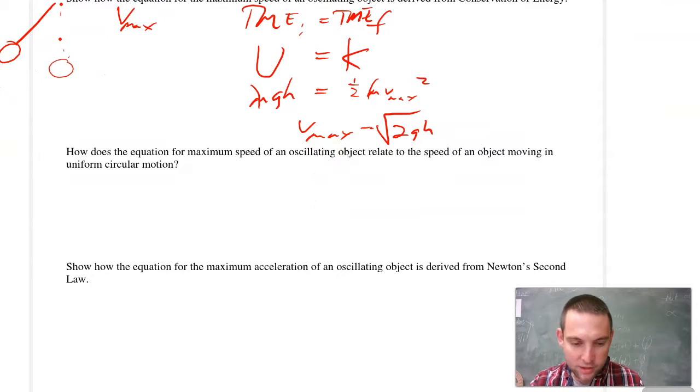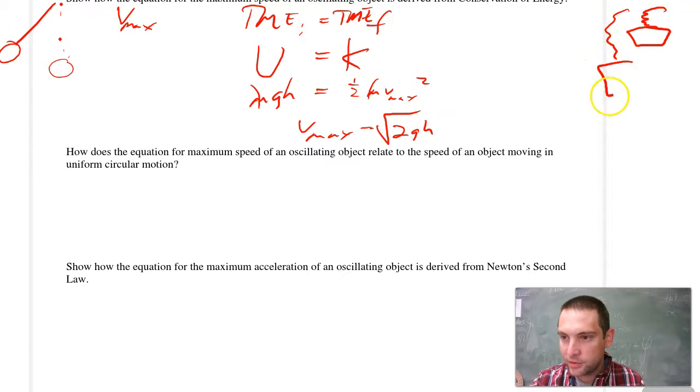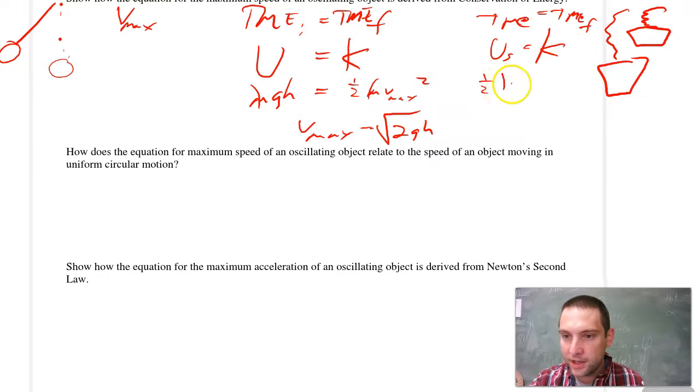So we're going to have to look at it like a spring. With a spring, if we are way up here and then our equilibrium is way down here, TMEI equals TMEF. In the beginning, we have spring potential energy equals maximum kinetic energy. So 1/2 ka squared equals 1/2 mv squared. Multiply by 2 on both sides, our fraction goes away.